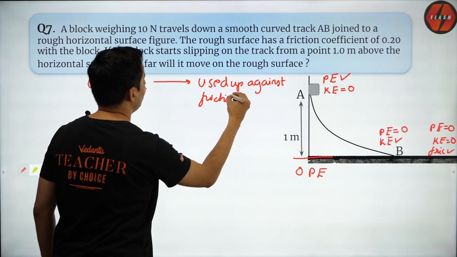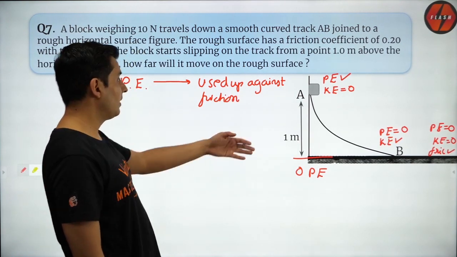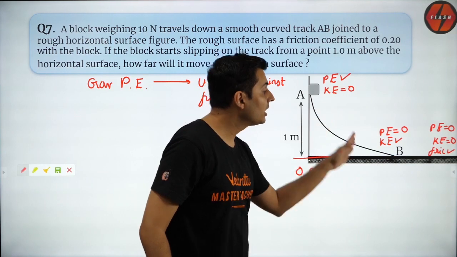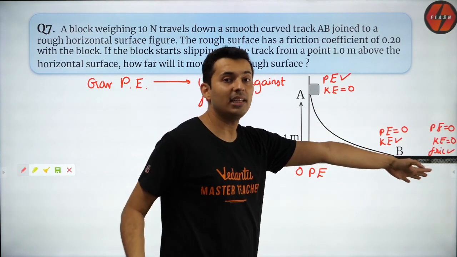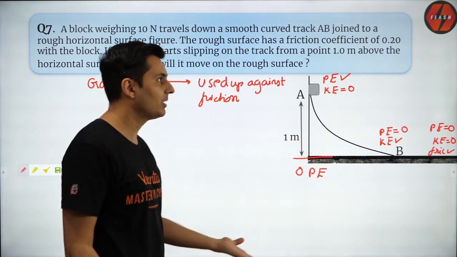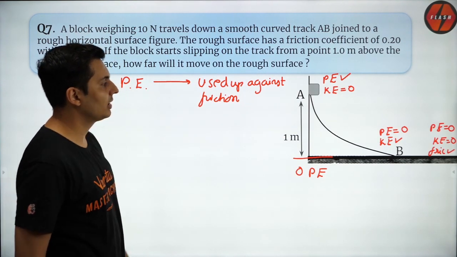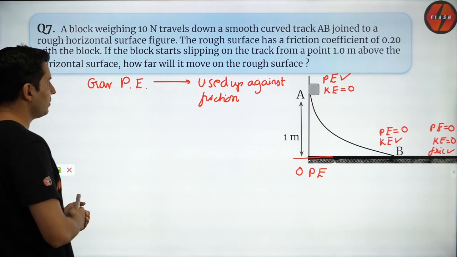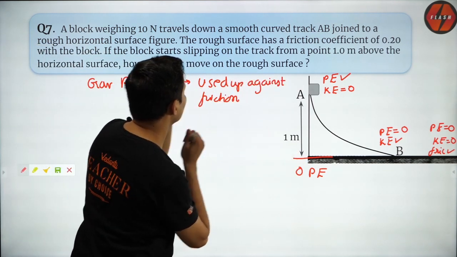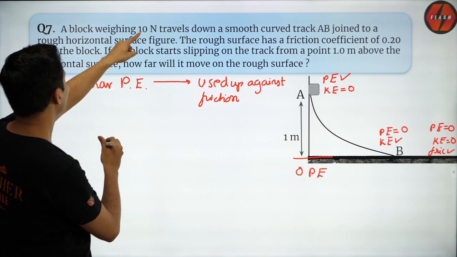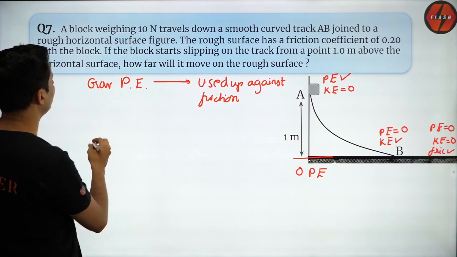The reason why I'm taking up this problem is because many people first find the velocity and then do the next part. That is unnecessary. You won't have so much time in the exam. So you can directly use this without worrying about the kinetic energy. That's what is important. So how much potential energy does it have? Okay, the weight is 10.